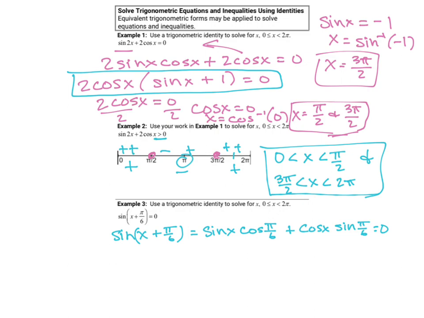Everybody all right? Now, we cannot evaluate sine of x because we don't know what x is. We can, however, evaluate cosine of pi over 6. What do we know that number to be? So we can call this square root 3 over 2 sine x.